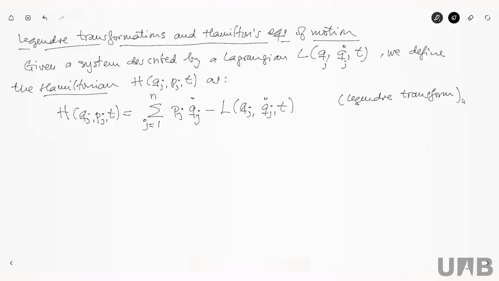And notice here something important, which I already said in the previous slide, and I'm going to repeat again. I'm going to emphasize it again because it's crucial. Notice the dependence of the Hamiltonian. The Hamiltonian depends on q, p, and t, even though the right-hand side is naively written in terms of q dots. But this is a fake.